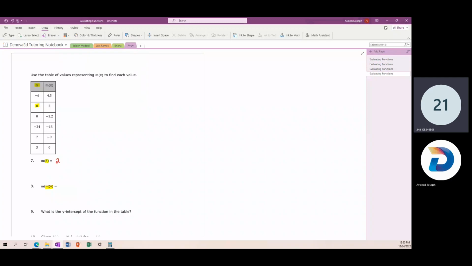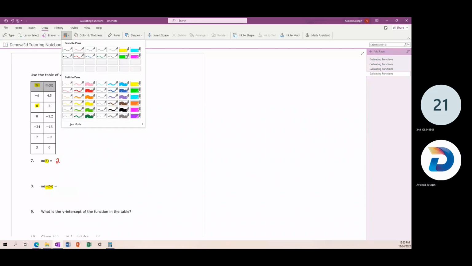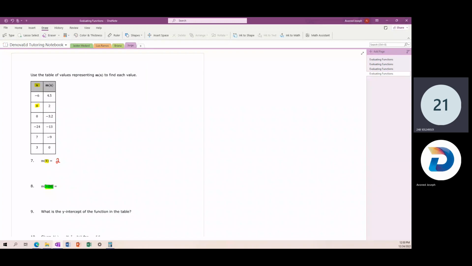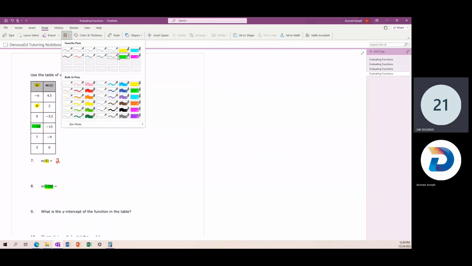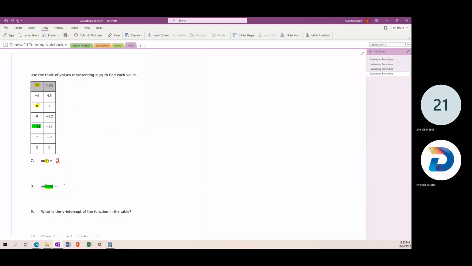And -24? -13. Then we're trying to find our y-intercept in a function of the table. We'll come back to that part.